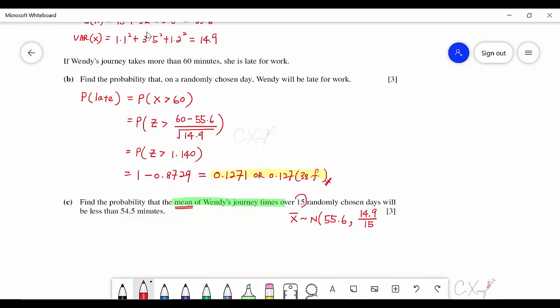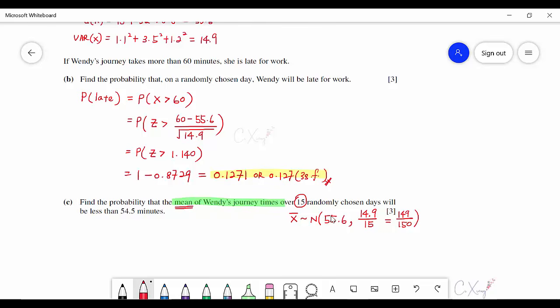Then if I rephrase it nicely, I will get 149 over 150. So this is the distribution for the sample mean.